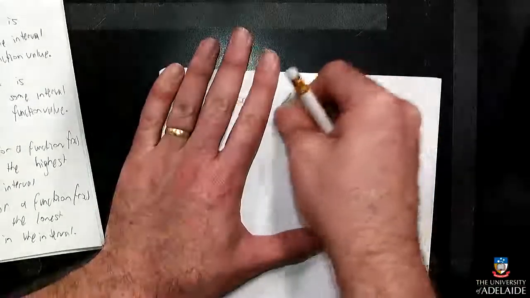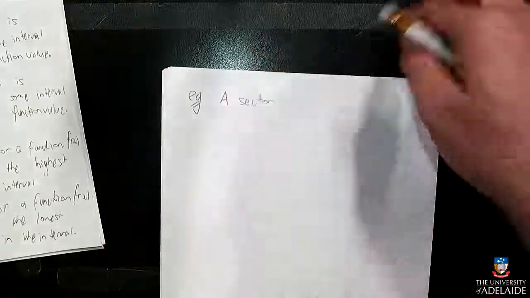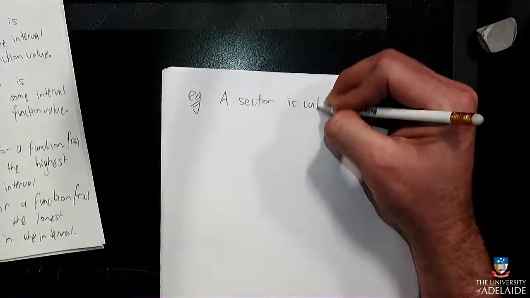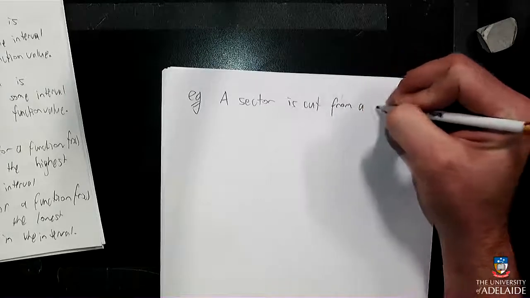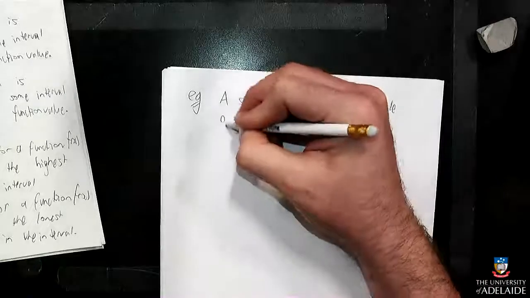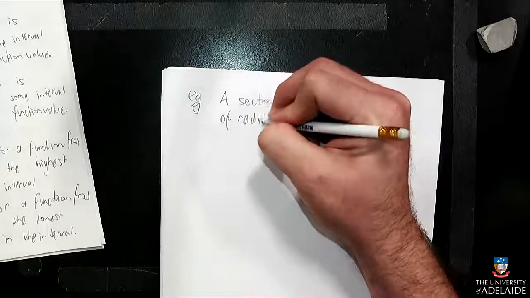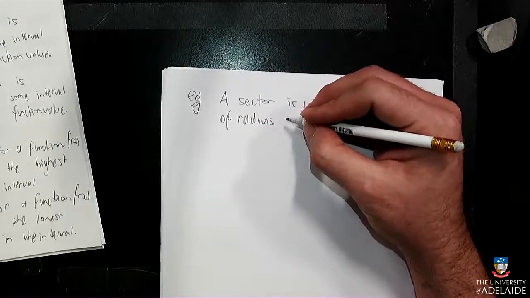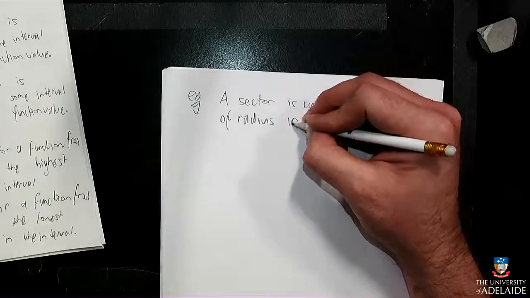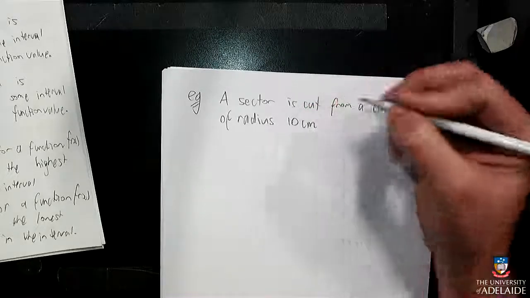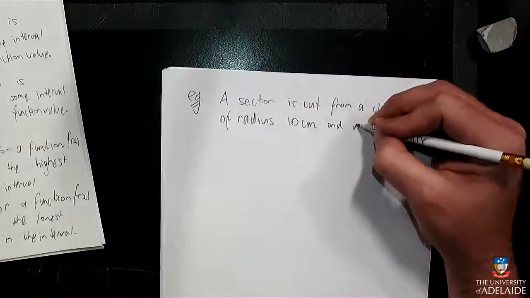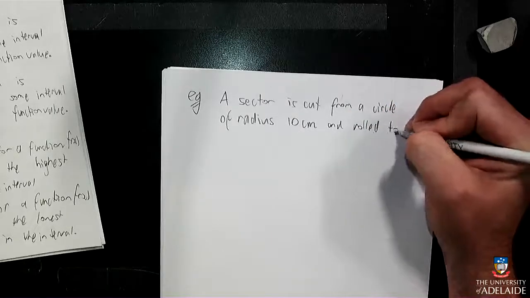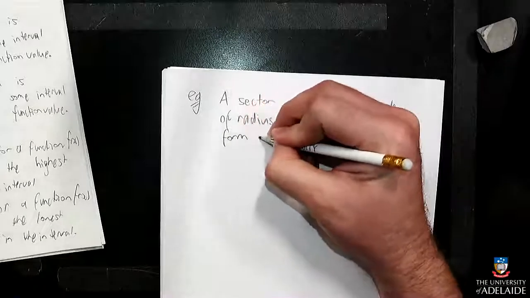Just a second, it's going to take me a while to write this properly. A sector is cut from a circle of radius, let's say, 10 centimetres, and rolled to form a cone.